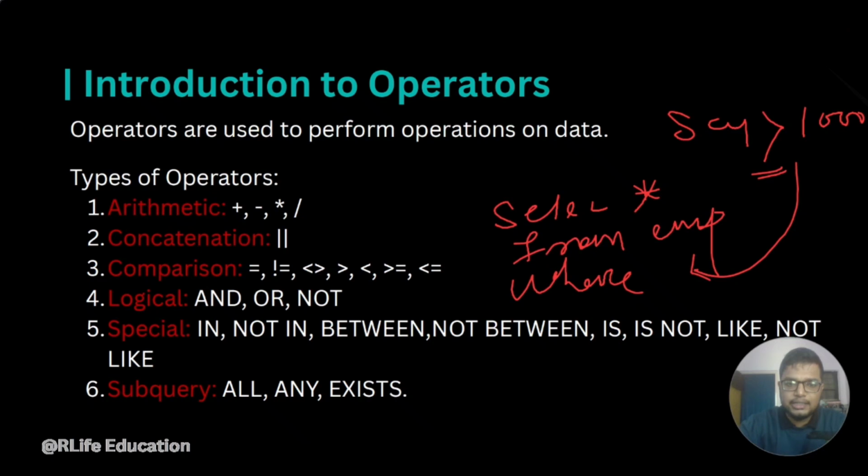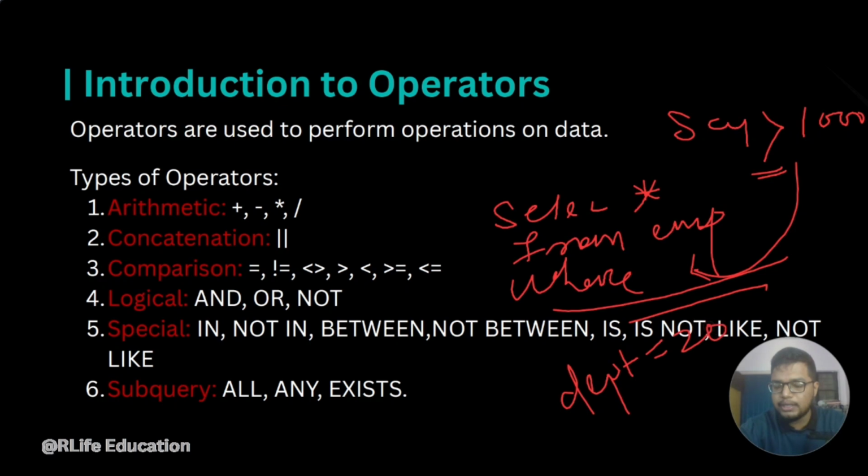This greater than is nothing but a comparison operator. Basically, this is the way of using a comparison operator. If you have to find employees who work in department number 20, you just use department equal to 20. These are comparison operators, or you can say this is also an assignment operator, because we are assigning some value.